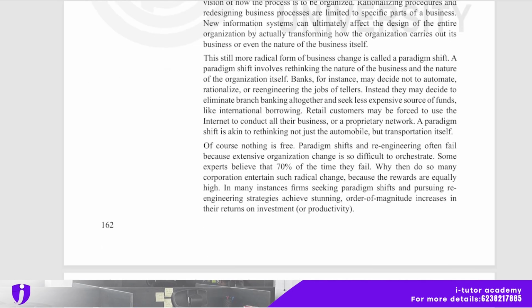Of course, nothing is free, and paradigm shifts and re-engineering often fail because extensive organizational change is so difficult to orchestrate, and some experts believe that 70% of the time they fail.